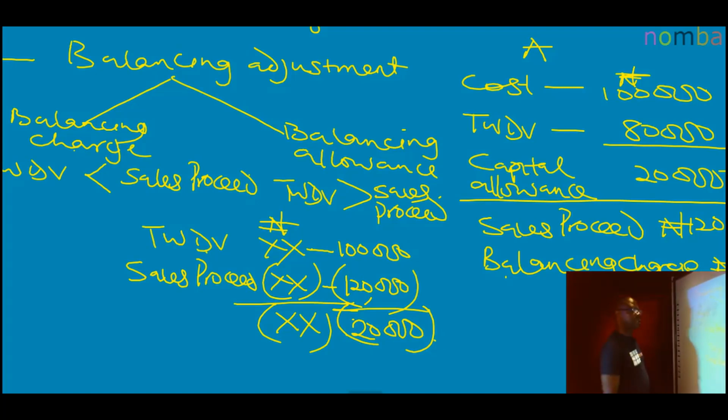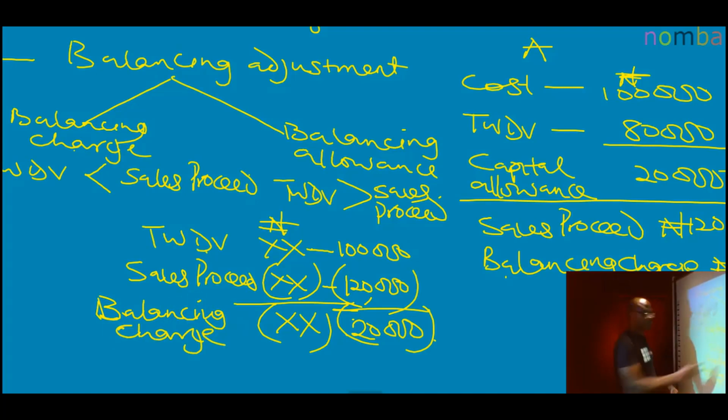Is that correct? So if this happened, we say you have a balancing charge. But if it is the opposite, we say you have a balancing allowance. So take note of that. This is the technical way of putting it, but if you put it the other way, just know that once the sales proceed is higher than the TWDV, you have a balancing charge like this. 120 is higher than 100.